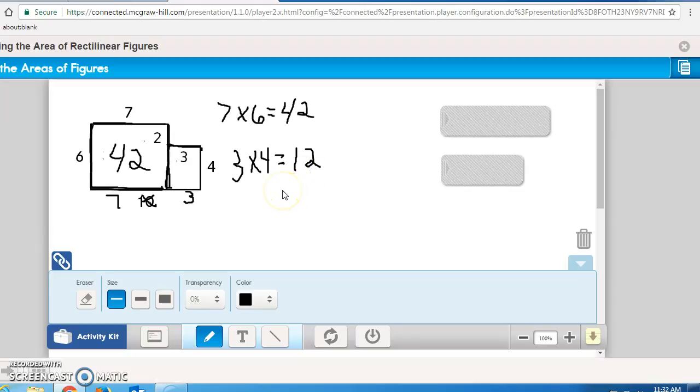So in order to find the square units for this, I would add those together. My shape is 54 square, I'm going to abbreviate it, units.